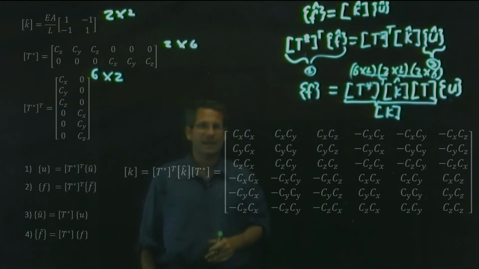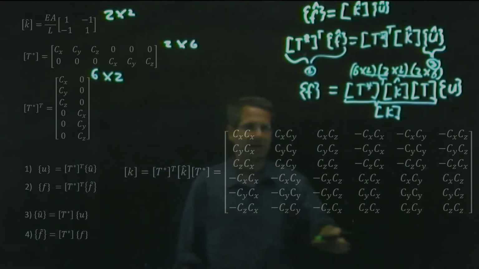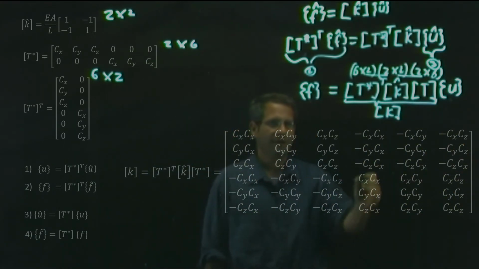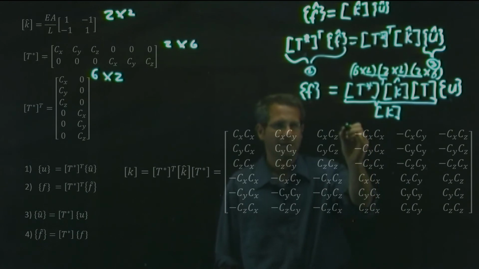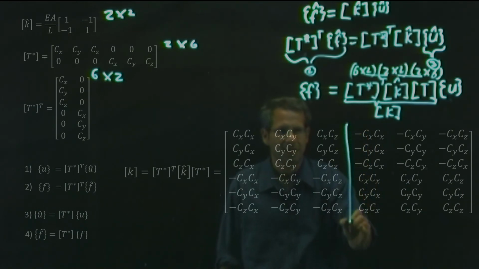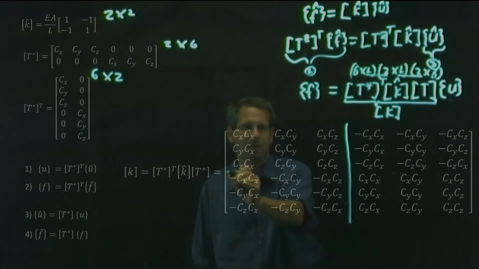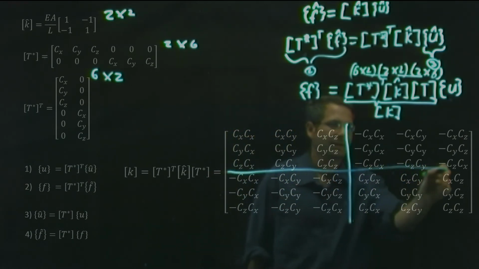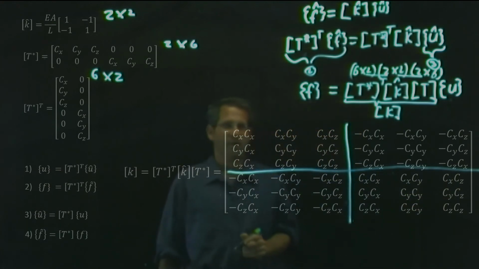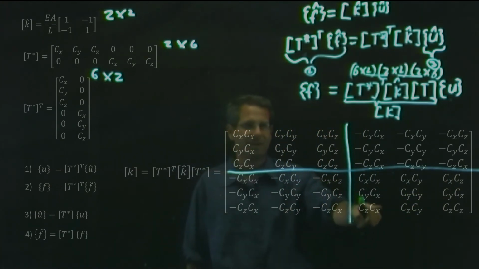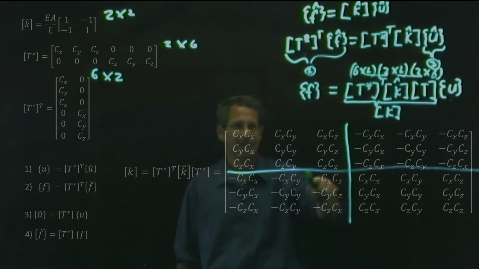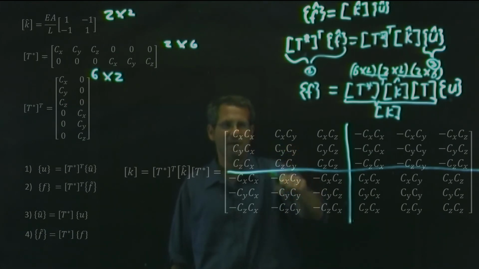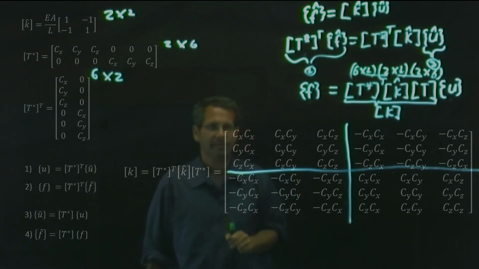Before you have a panic attack, let's notice some structure to this matrix. First of all, if I split this matrix into 4 submatrices like this, you should notice that this matrix is the same as this matrix, and this matrix is the same as this matrix, and the only difference between these two matrices is that this is the negative of this matrix.